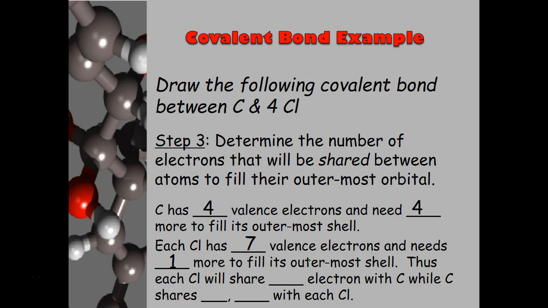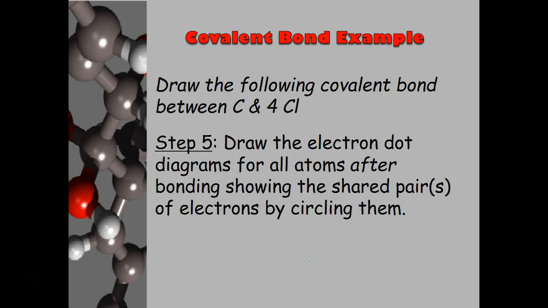So in order to make this function and fit together, each chlorine is going to share 1 of its electrons with carbon, while carbon is actually sharing all 4 of its valence electrons, but only 1 electron with each chlorine itself.